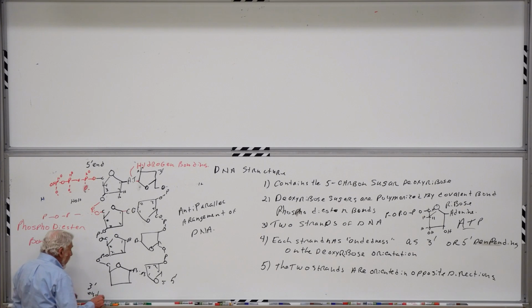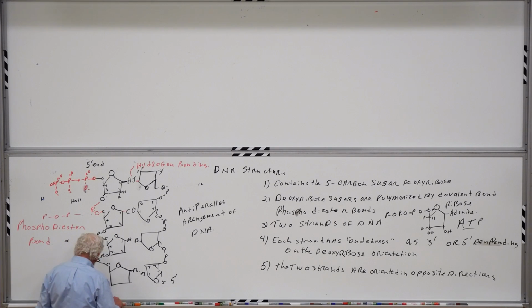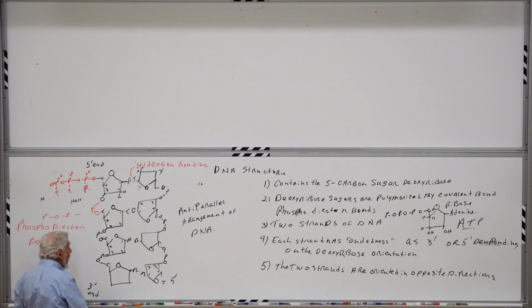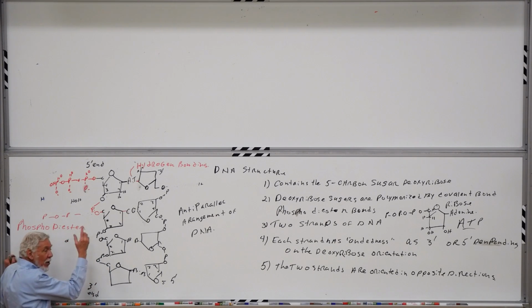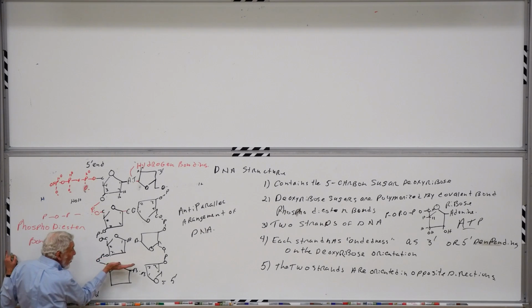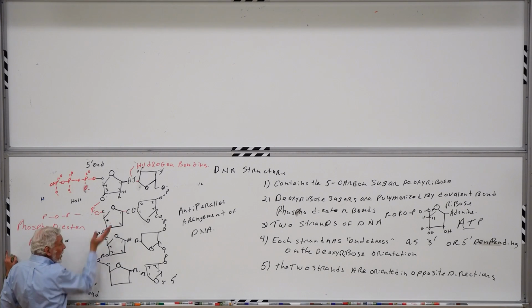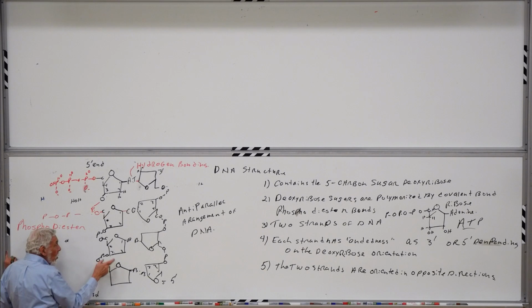Then Rosalind Franklin, working with Wilkins, had gathered X-ray diffraction data on crystallized DNA. When they looked at that, they saw a repeating pattern at a regular interval, the interval of the bases and the sugars.